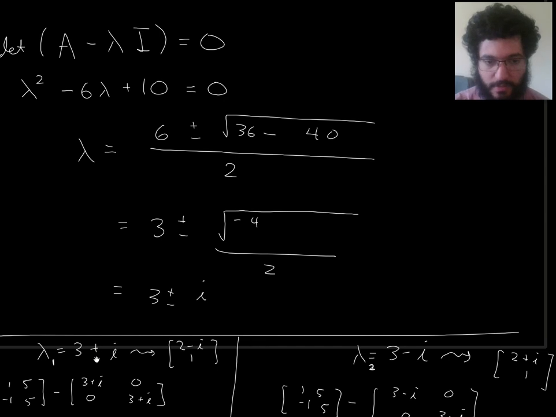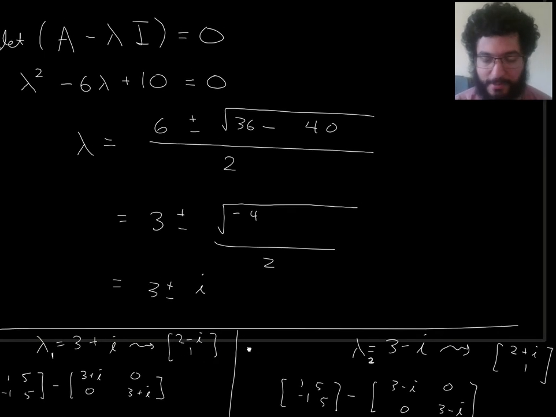So one is 3 plus i, the other is 3 minus i, just negating the imaginary part. But notice that the eigenvectors also will show up as complex conjugate pairs. It happened here, but this will happen every time for a real matrix. You see, 2 minus i became 2 plus i. So knowing that might also help save you some work.